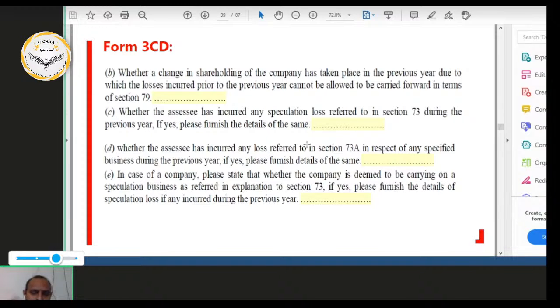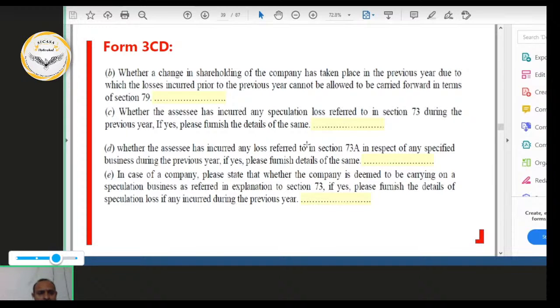Normally only intraday trading is treated as speculative, but for company assessees it is treated so even though they are taking deliveries. For normal companies, if they are purchasing and selling shares of other companies, it will be treated as a speculation loss.